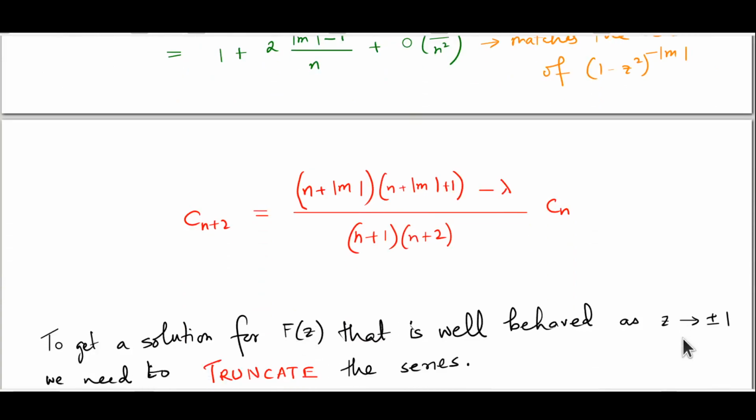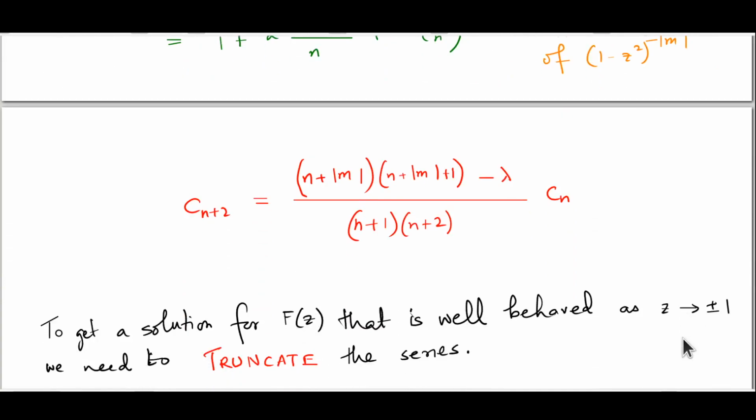Simple. The way to get out of the trouble is to stop this from being an infinite series. That is, you have to truncate the series. And as with the harmonic oscillator case, I don't really need to repeat the entire argument there. It's possible to get solutions which converge at one end of the interval without truncating.